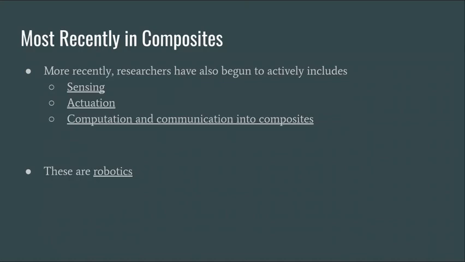Robotic materials are composite materials that combine sensing, actuation, computation, and communication in a repeatable pattern. They're considered to be composites because they have a man-made three dimensional periodic cellular architecture designed to produce an optimized combination not available in nature.